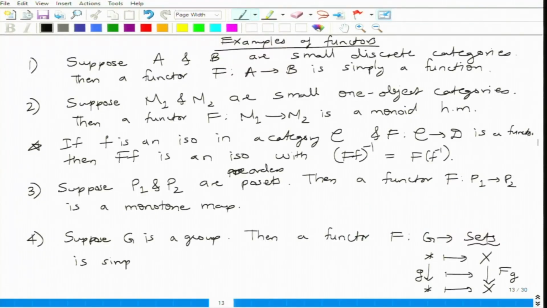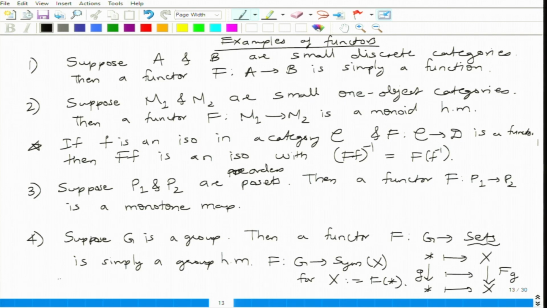So basically what you obtained is a group homomorphism from G to the symmetric group of X, for some X, for X equal to F of this unique object.